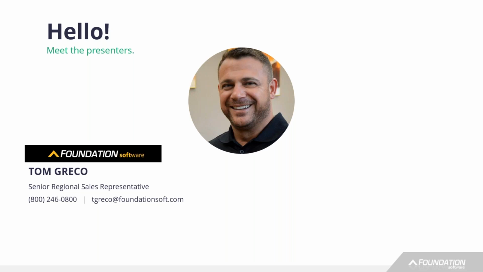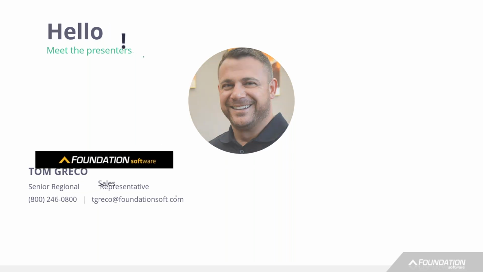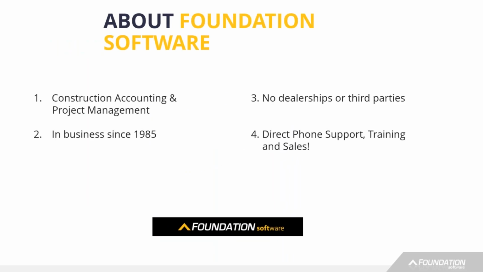So before we jump into the system itself and talk about our different products, I first like to talk about Foundation Software as a company. Our main focus, and pretty much only focus since 1985, has been in construction accounting and project management.